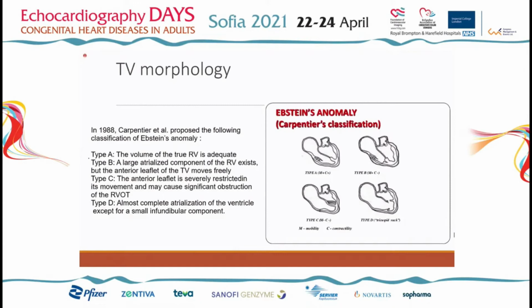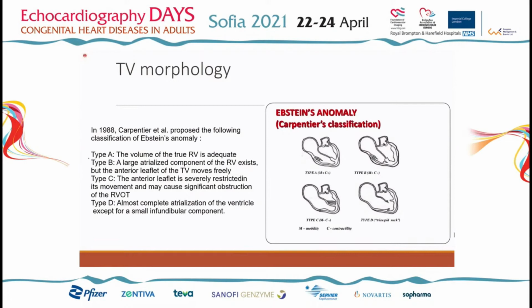Type C: the anterior leaflet is severely restricted in movement and may cause significant obstruction of the right ventricular outflow tract. And type D: almost complete atrialization of the ventricle except for a small infundibular component. So we look into the displacement of the valve, we look at the motion, and we look at the contractility.